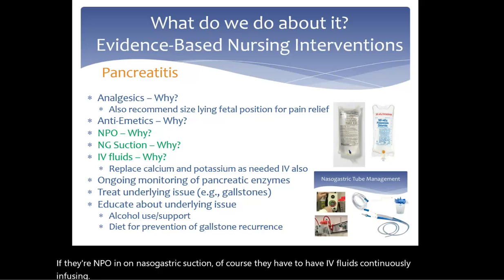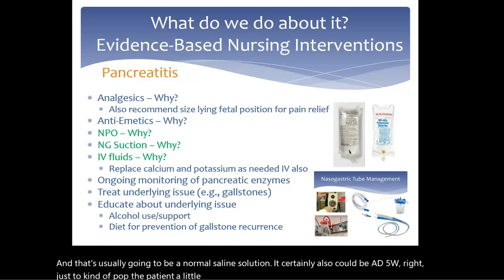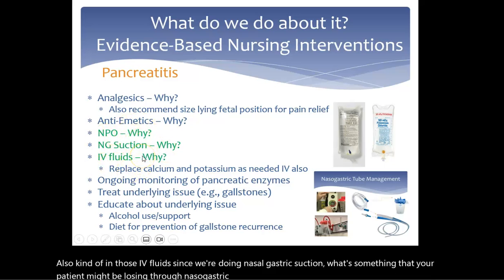And that's usually going to be a normal saline solution. It certainly also could be a D5W, right? Just to kind of pop the patient a little bit of sugar, as they're NPO for any kind of prolonged time. Also, kind of in those IV fluids, since we're doing nasogastric suction, what's something that your patient might be losing through nasogastric suction?